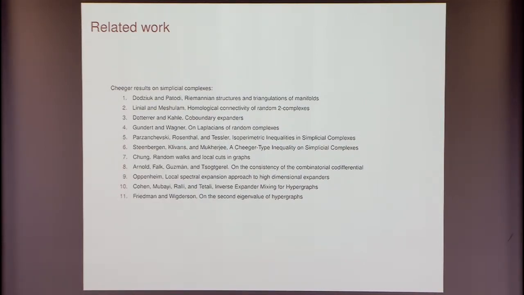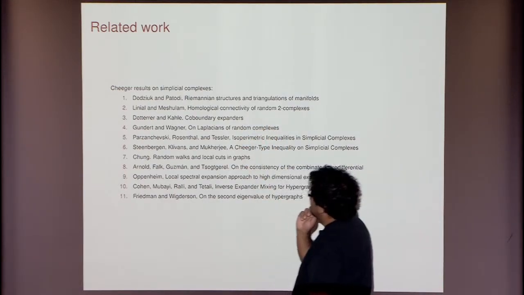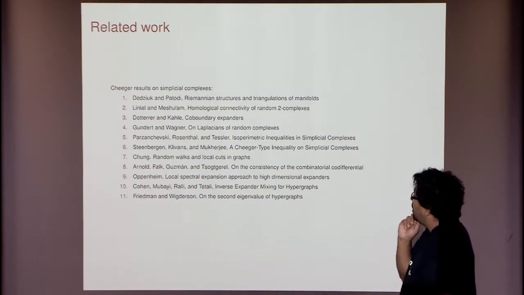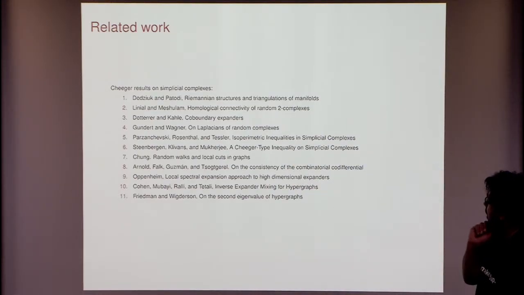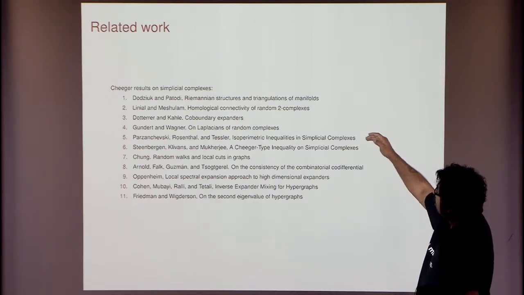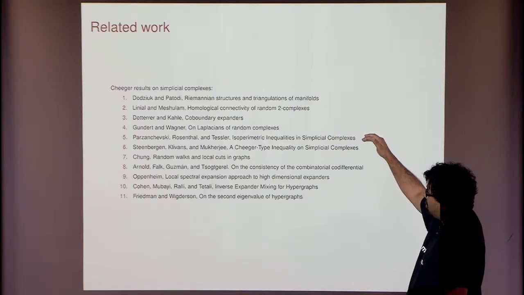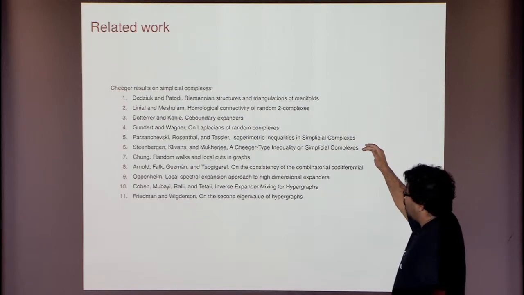One way you can think about that is extending the Erdős–Rényi model on graphs to these higher forms. I'm going to come back to that. This is work by Dotterrer and Kahle on defining coboundary expanders. I'm going to touch on this as well. These are negative results on Cheeger numbers. This is another paper looking at Cheeger isoperimetric inequalities, but it's a different notion of Cheeger numbers than we're going to talk about here. This is work we've done, and I'll tell you what it is.